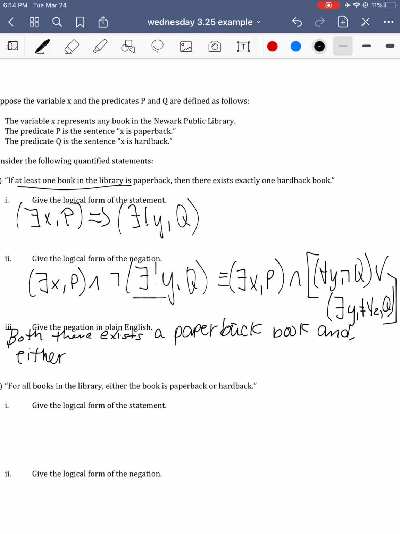So now I have this and here, and then the next sentence structure is an or statement, so I'm going to include the either. So and either all.